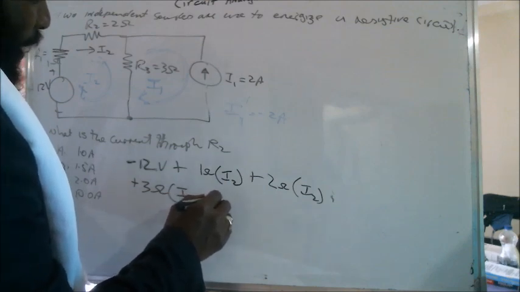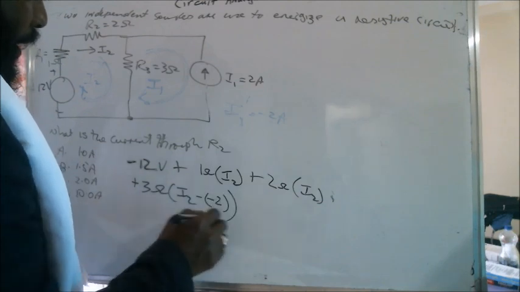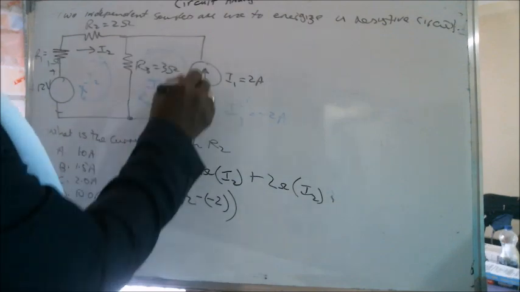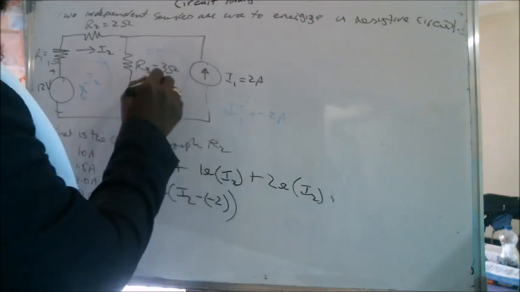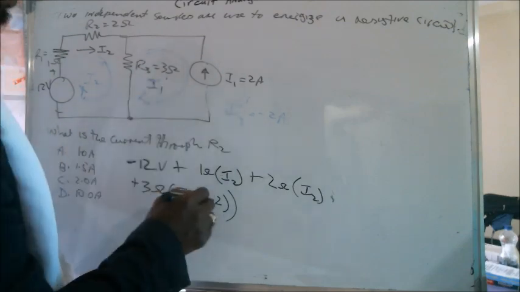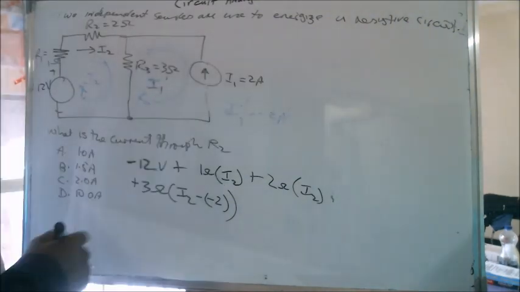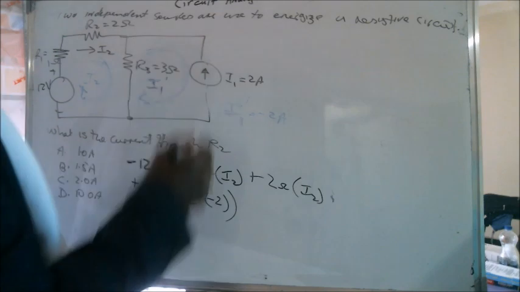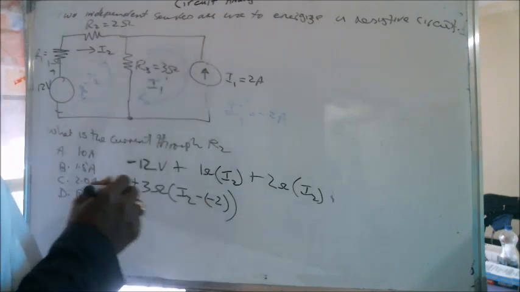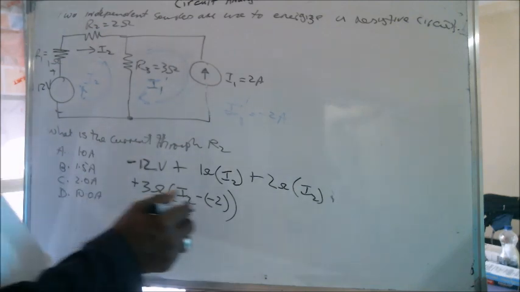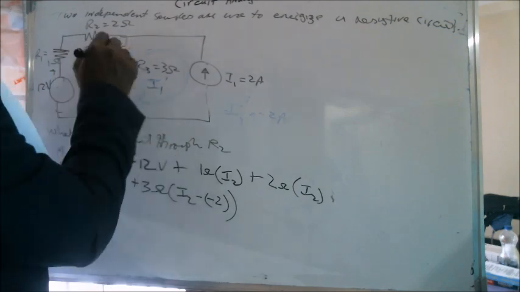Since this is opposing the flow of the source, it would have been minus I1 only, but this is I1 prime, since it is opposing the source flow. So that becomes minus minus 2, with 2 amps flowing in the direction opposite to the clockwise flows that we're taking as positive. Closing off this I2 loop, that is equal to 0.